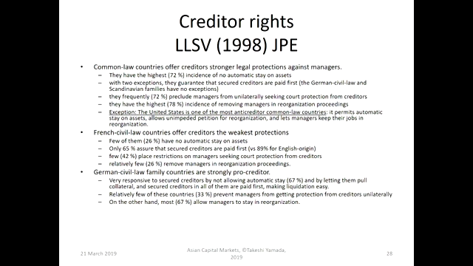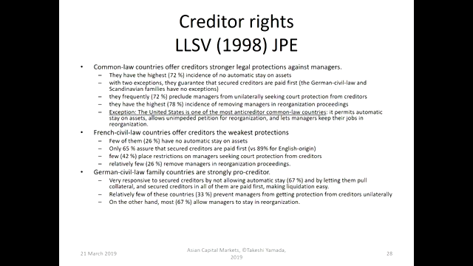The management can go ahead and start reorganization. This is called Chapter 11. And it lets managers keep their jobs in reorganization. So that's why the US is a bit of an exception among these common law countries.